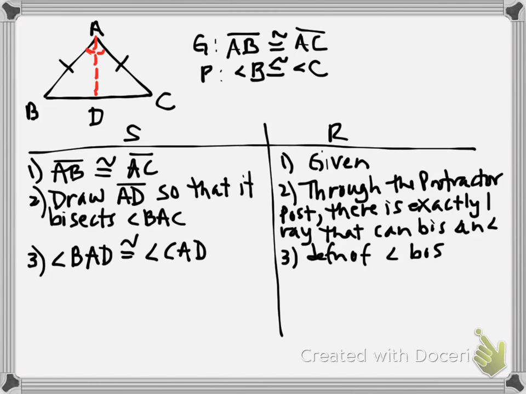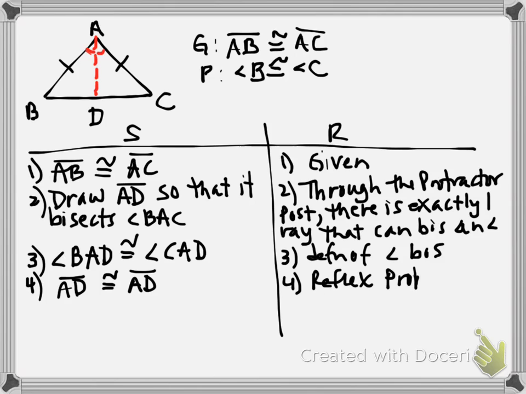Not of a bisector, an angle bisector. And then we have our third piece, that segment AD itself. It shows up in both of the triangles. So that's your reflexive property of congruence. So I have three corresponding pieces that are congruent.